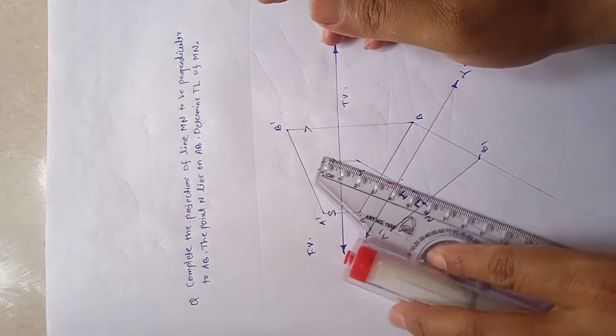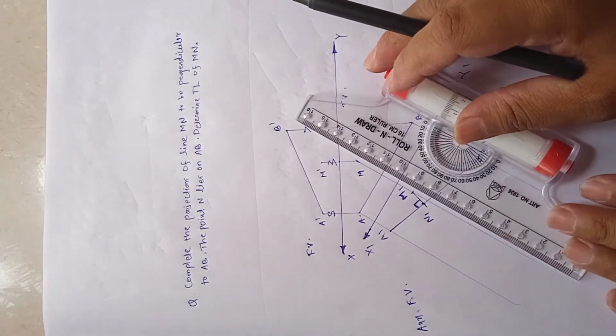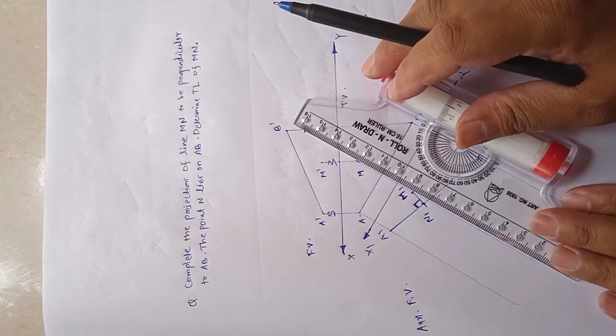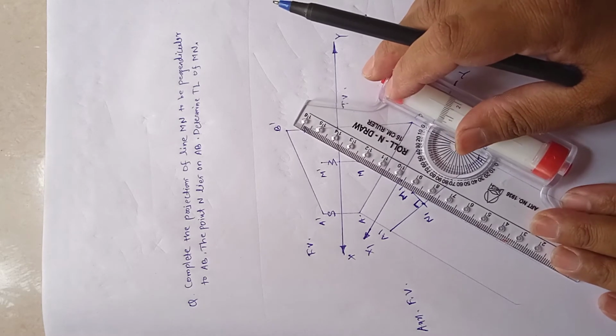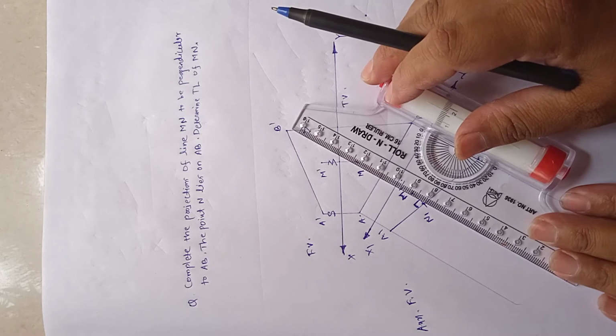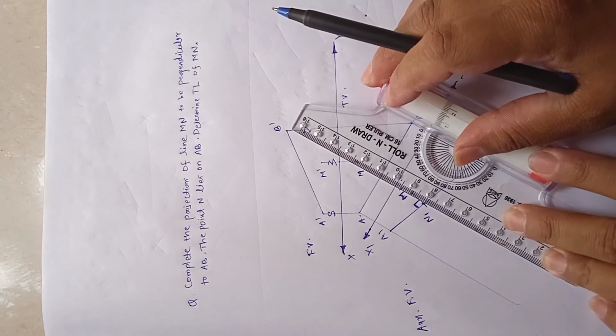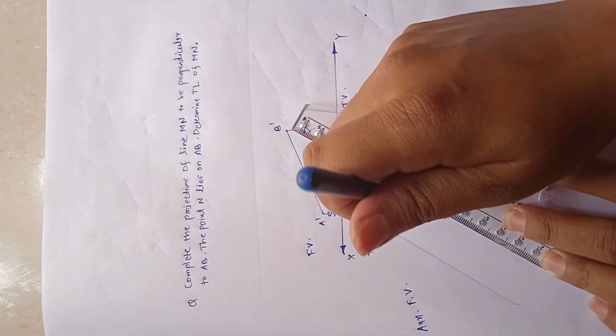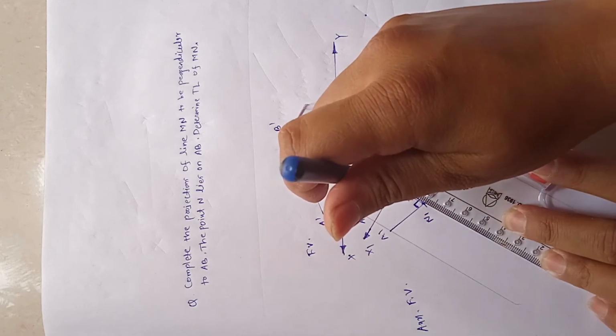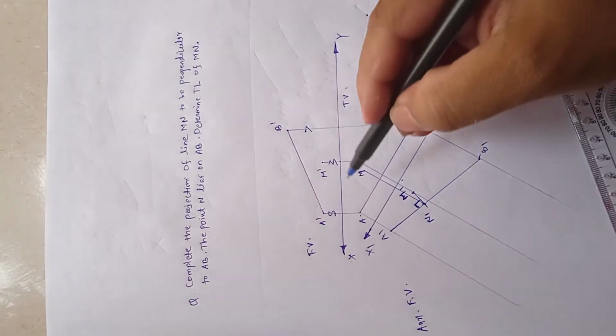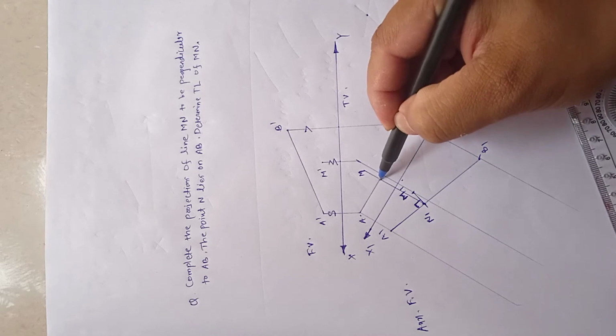First make your scale parallel to this projector, then slide it and coincide with this point N, then draw the projection back at the top view. As you can see, it is intersecting here.